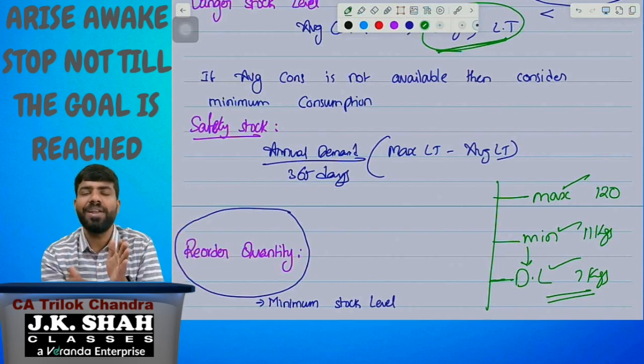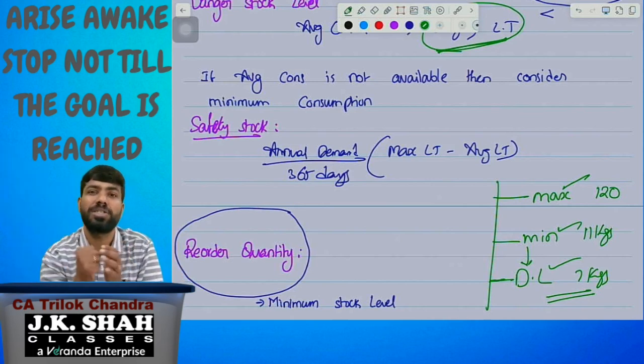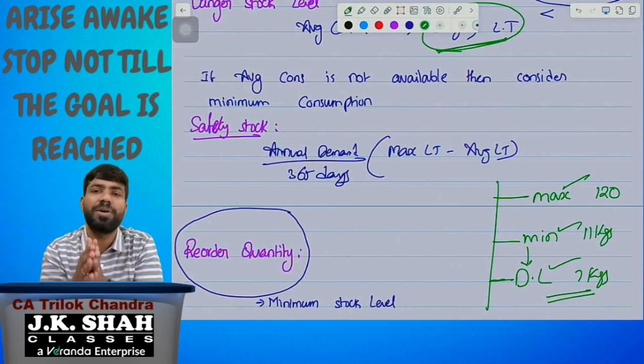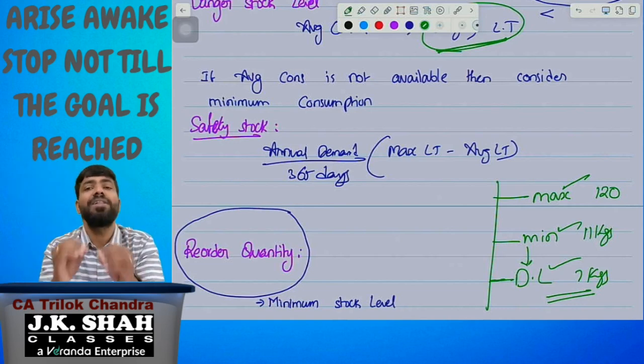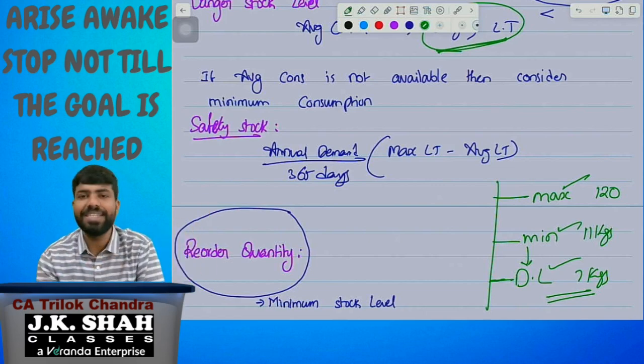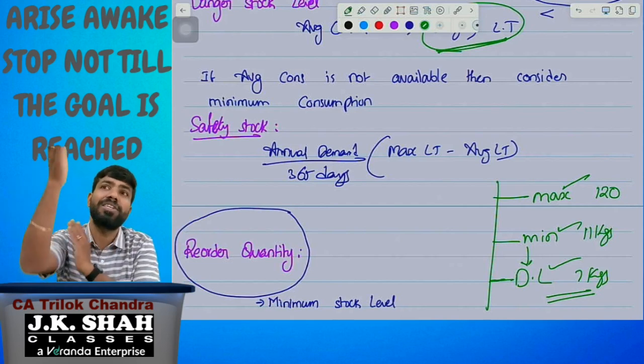Once it touches the danger level, they'll work only on the specific productions according to customer requests. The company has promised to deliver certain goods to the customer on time. All the general productions will be stopped. Using this danger stock level, they'll supply raw material only for the specific productions which are according to the customer requirements.